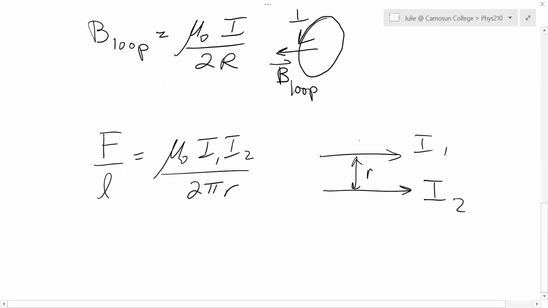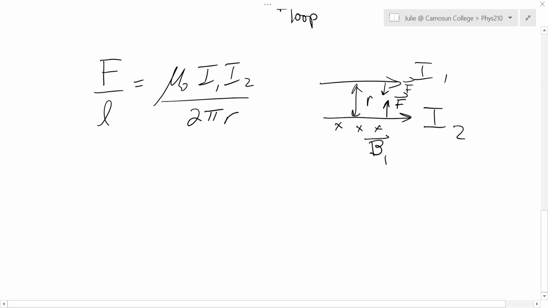So I1 creates a magnetic field that's into the page down here. That would be B1. So put your thumb in the direction of I1, and B1 would be into the page. Now do I cross B. So I2 to the right, turn it into the page, and you get a force up. These guys attract. So the force between currents going in the same direction is attractive. If they're going in opposite directions, they repel.